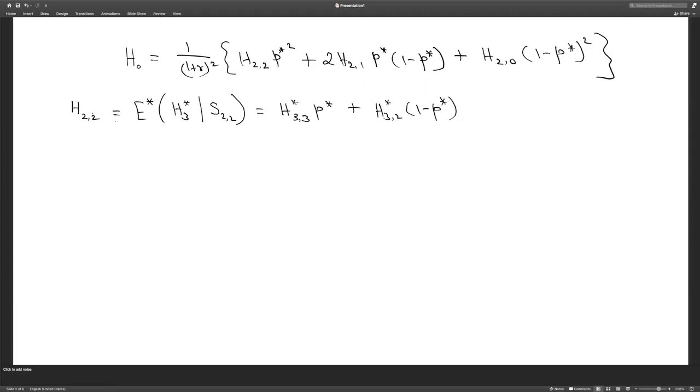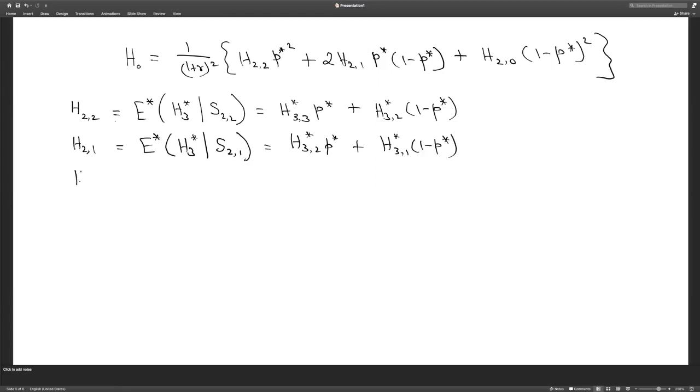Similarly, for the other terms, H21 is given by E star of H3 star given F2. Here it is coming from the random variable S21, and that is going to be H32 star P star plus H31 star 1 minus P star.